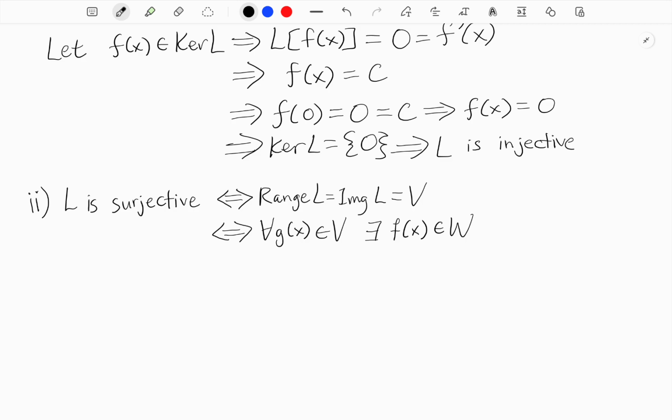So give me any g of x in V. Does there exist an f of x in W such that L of f of x, which equals f prime of x, is equal to g of x?